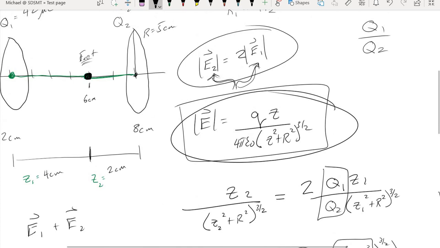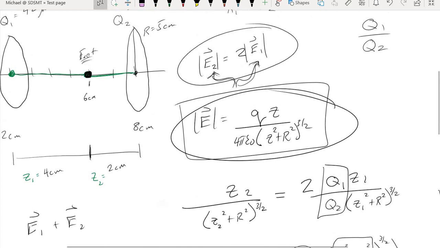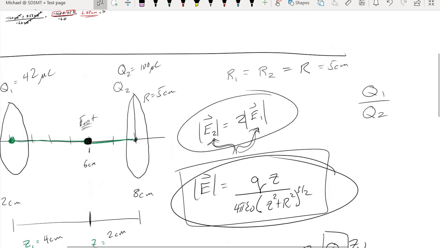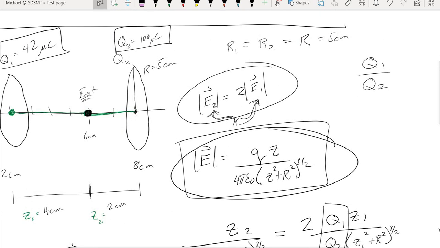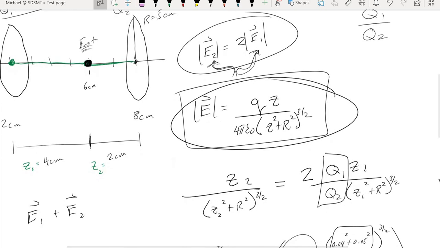And for that, we would need to know the Z values, the R values, and the Q values. So now that I've specified an actual combination of charges, if you wanted to find the net field at that location, you could do that.